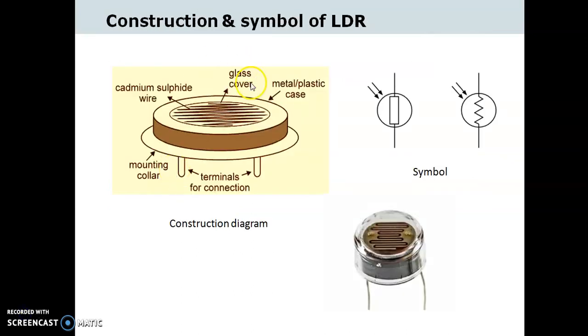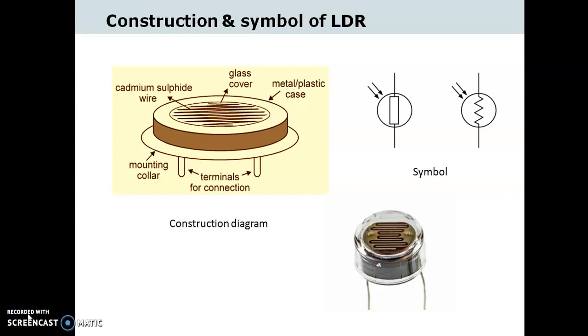Now we'll see the construction and symbol of LDR. This is the symbol of the LDR. LDR is called a photoconductive cell. As shown in this figure, a light sensitive material such as cadmium sulfide is deposited on the ceramic substrate.